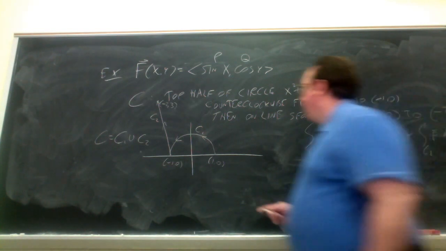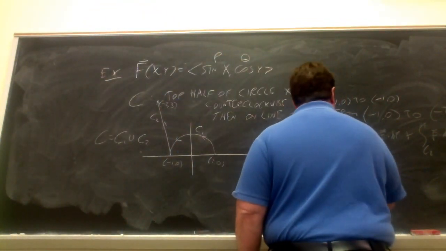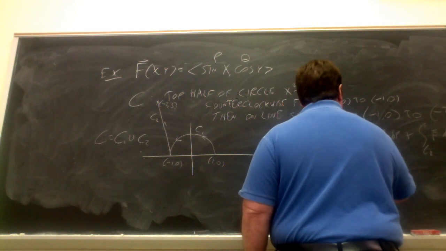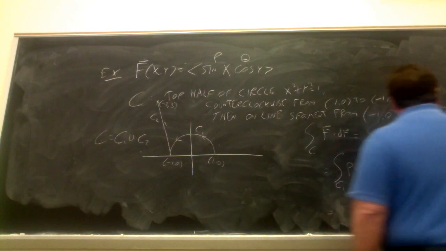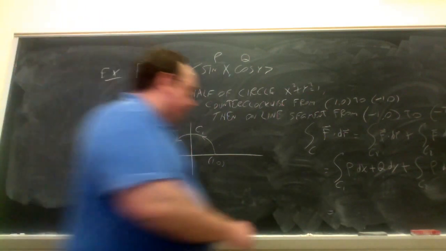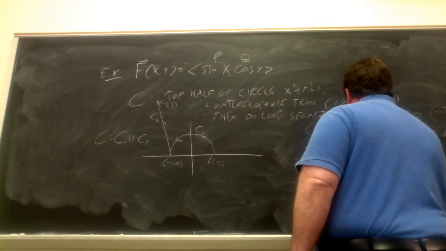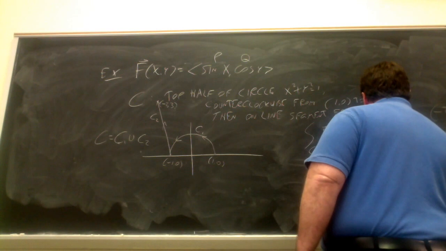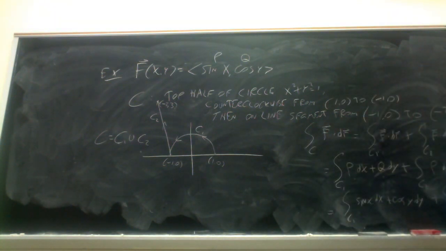Then I can write this in terms of components: the integral over C1 of p dx plus q dy, and the same thing for the other curve. Then I can fill in what p and q are: sine x dx plus cosine y dy for both curves.